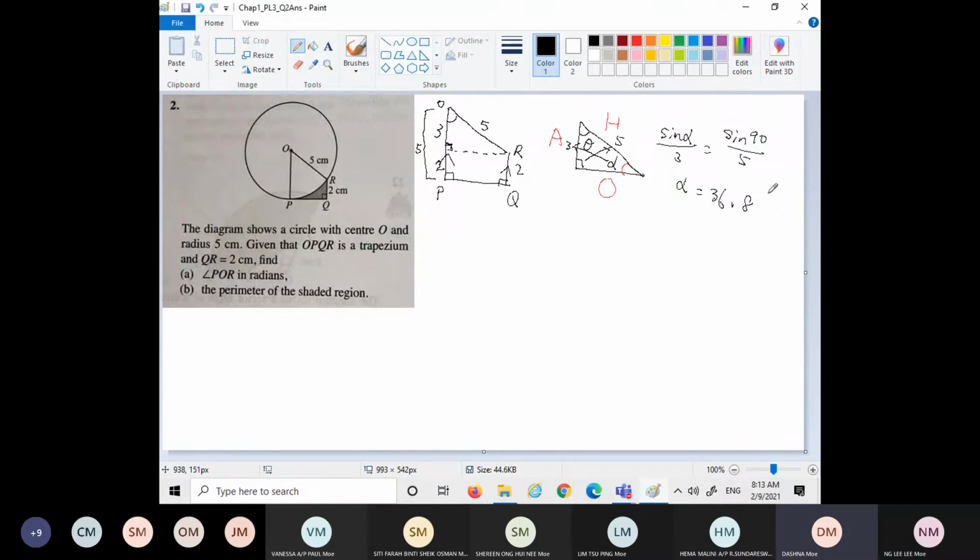36.86, so it is 87, because it's 86.98, so it's 87. Therefore theta will be 90 minus this angle, because 180 already has 90, so you just use 90 minus this angle to get your theta.